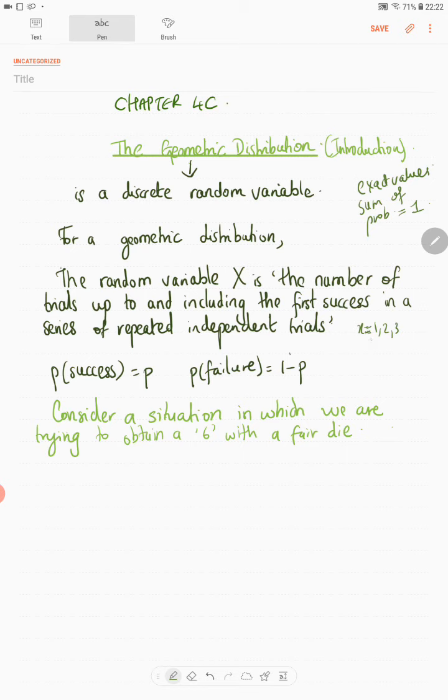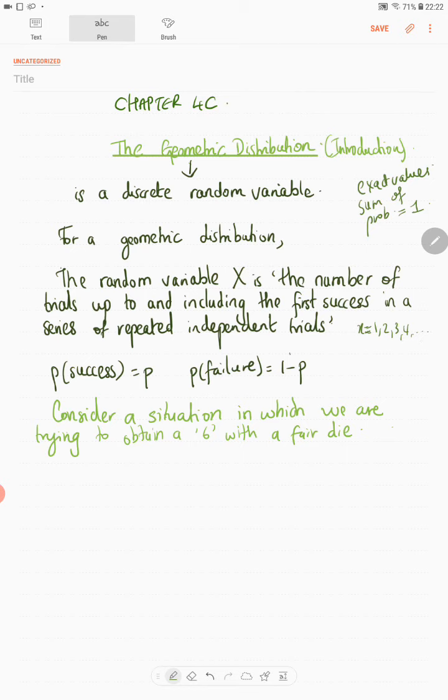Here the smallest value must be equal to 1 because x is defined as a number of trials. So we can have the number of trials be 1, 2, 3, 4, etc. Here we have an infinite number of terms.